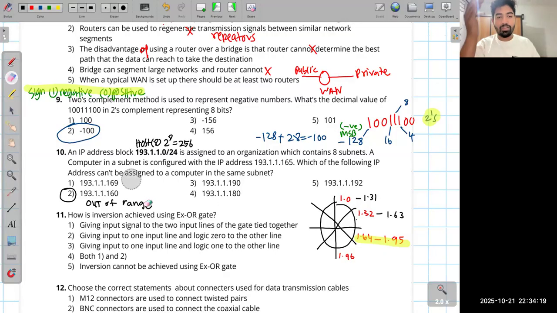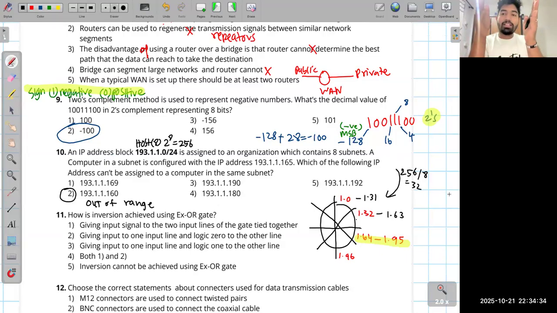Another concept. You take a network that has 256 IP addresses. You divide it into 8 subnets. So 256 divided by 8 is how much? 32. So the range goes as 32, 32, 32, 32.